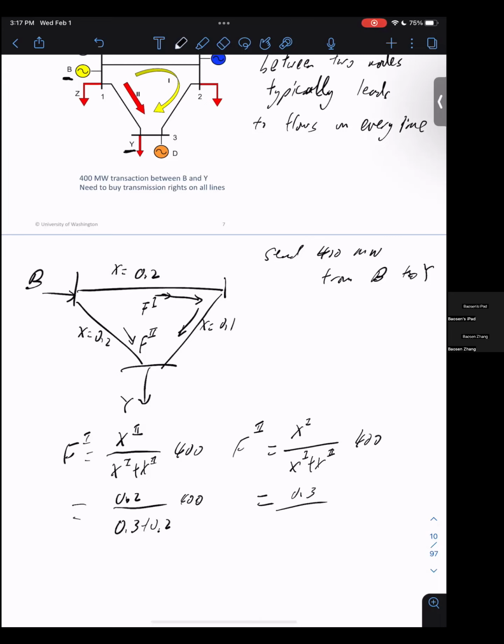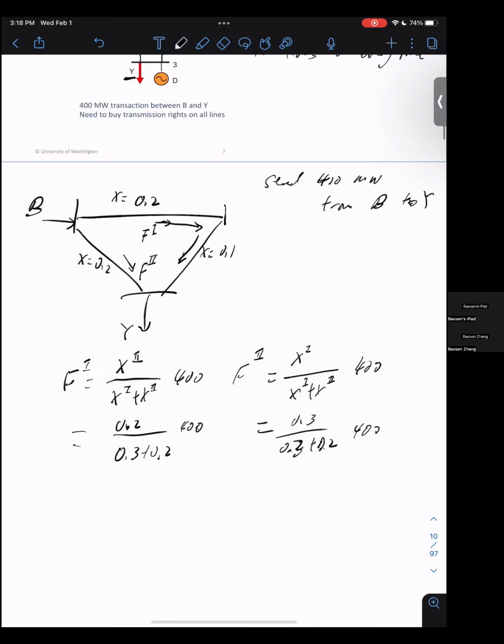So this one is the other thing. Times 400. You compute this, you get 160, and you get 240. So you can compute the flow along each path. This is not very difficult.